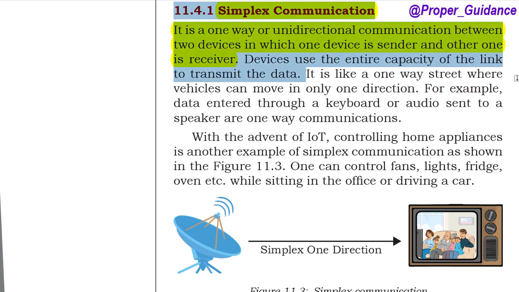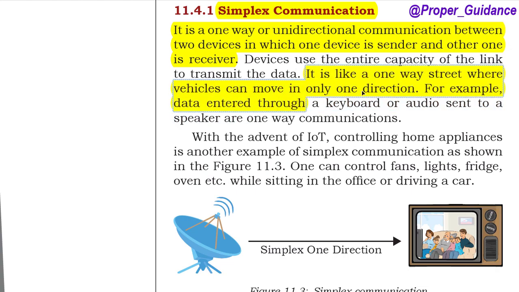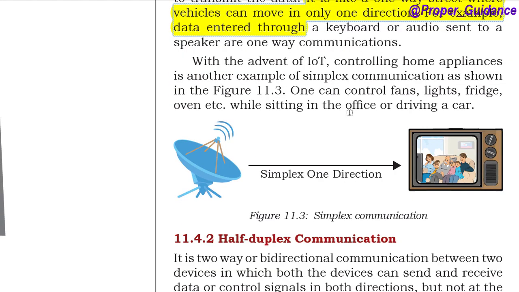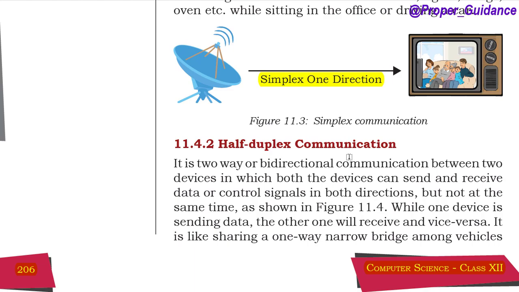It is like a one-way street where vehicles can move in one direction only. For example, data entered through a keyboard or audio sent to a speaker are one-way communications. Simplex, you can see it, only one direction. With the advent of IoT, controlling home appliances is another example of simplex communication.